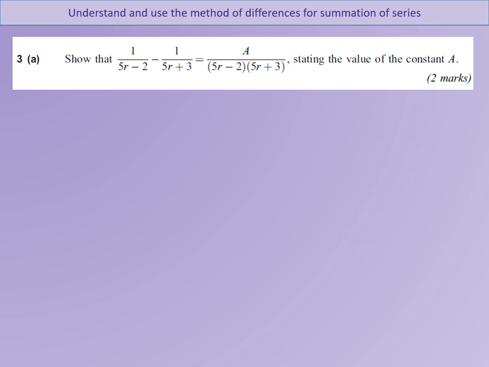So the first part is just asking us to add together these algebraic fractions and find the value of A. So if we add these two fractions together, well, say subtract these two fractions, we're going to get them over a common denominator. So the common denominator is going to be 5r minus 2, 5r plus 3.